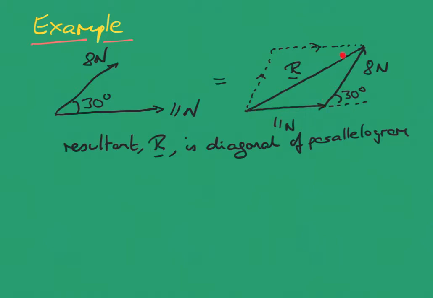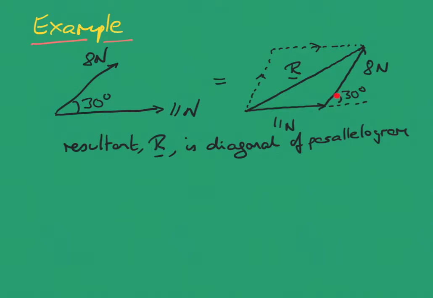So the resultant vector is the diagonal of this parallelogram. So if we look at this triangle, we have two of the sides. This is 11 newtons long, this is 8 newtons long, and we can work out this angle because this is a straight line. This angle is 30 degrees, it's the same angle as there.